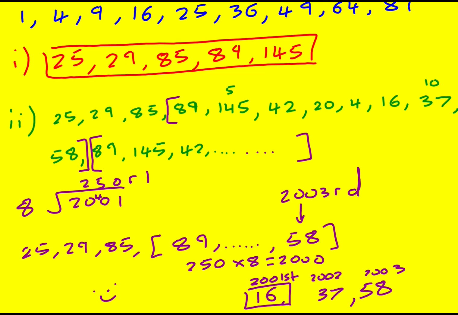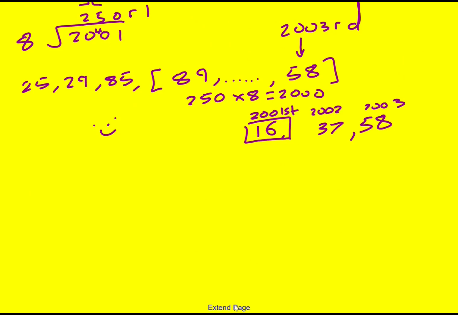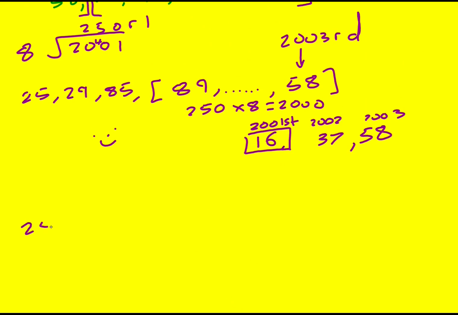All right, there's other approaches. You might say you want to look at the 249 lots of the 8 and then add the 3 on, because then you'll start below. Let me talk a little bit about this. So if I have 25, 29, 85, and let's say, okay, I know I've gone too far because I've got 2,000 of them and I need to add the 3 on.